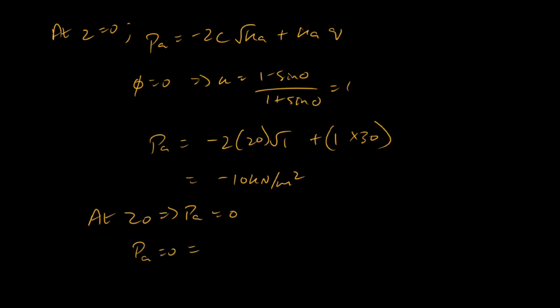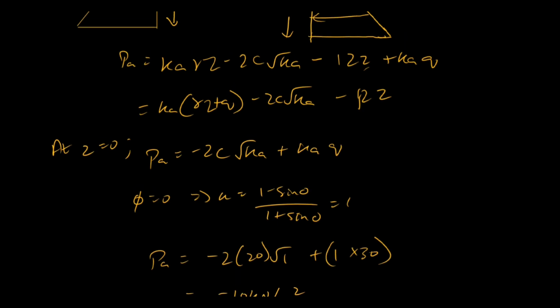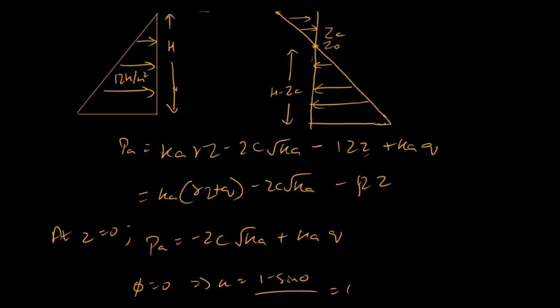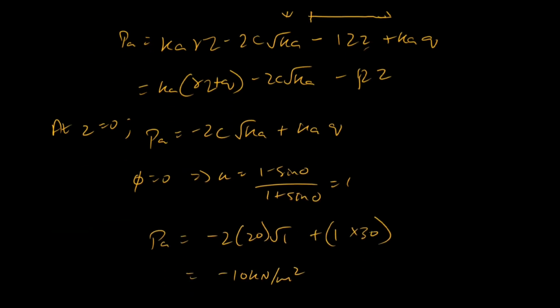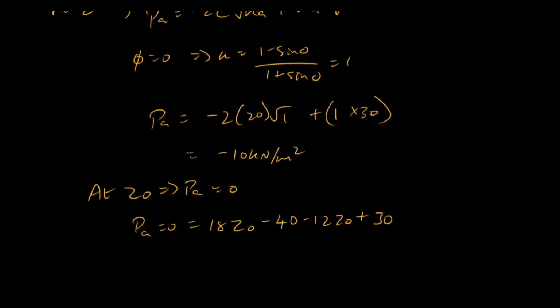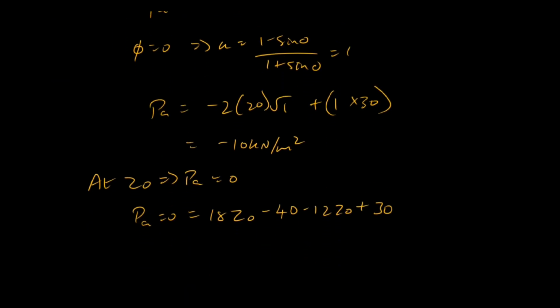PA is nothing but 18 Z naught minus 2 into 20 minus 12 Z naught plus 30.